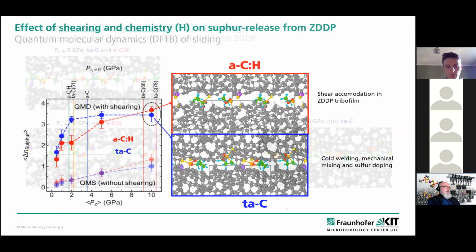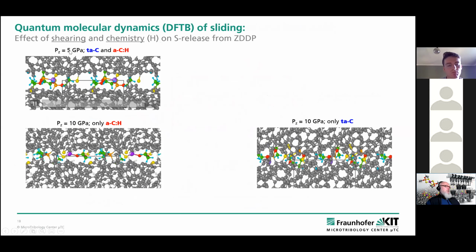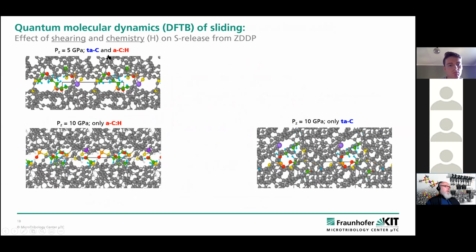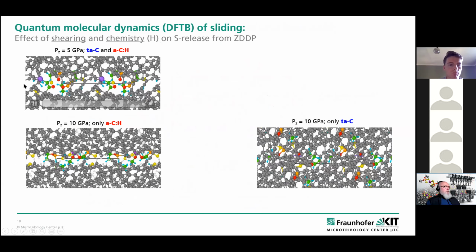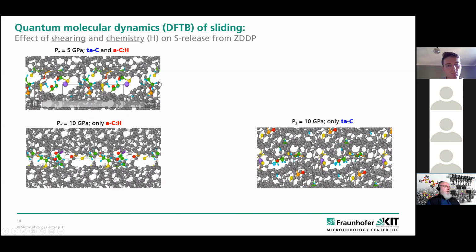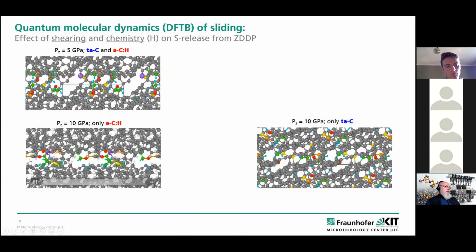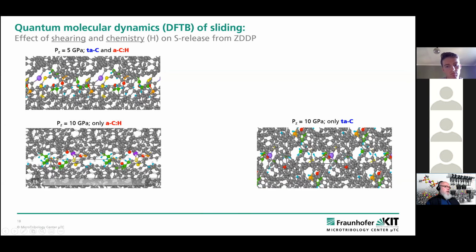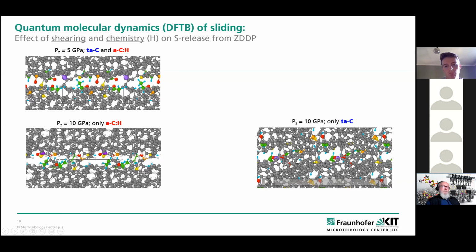But there is another important observation. If you do the shearing for 5 gigapascal and below, for both types of coatings, you form a tribolayer, which is CDDP derived, and all the shearing is in this tribolayer. You increase the pressure, and then for the ACH, so for the hydrogenated carbon, there is still the tribolayer. The difference is that for 10 gigapascal for TAC, the tribolayer has disappeared.